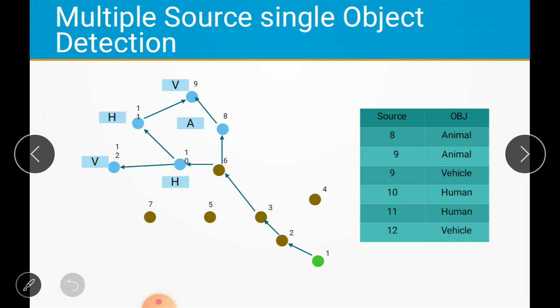Now another method is multiple source multiple object detection. In this, the sink node sends the query the same as the previous one, and various nodes identify different objects, and the same object may be identified by different nodes.